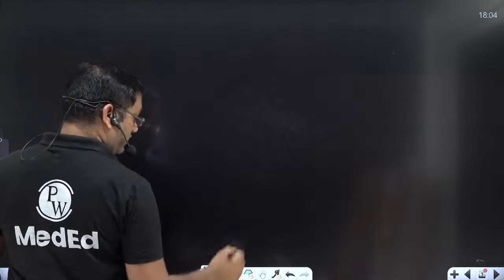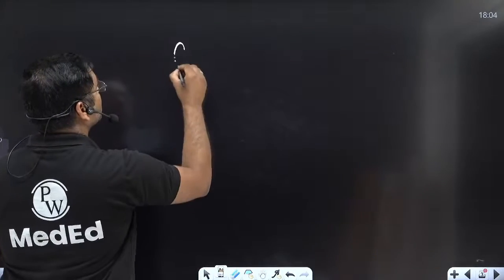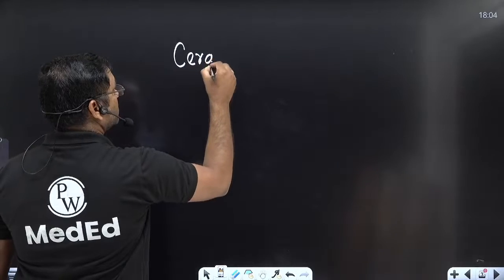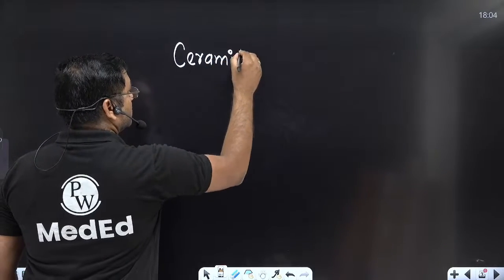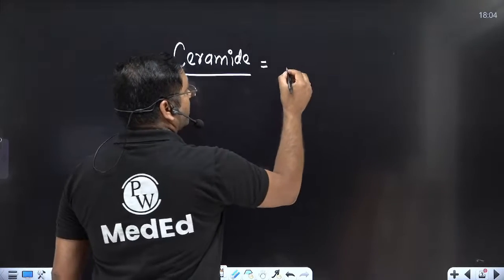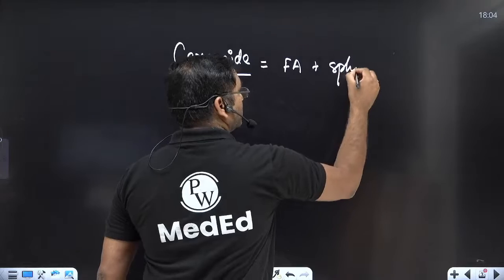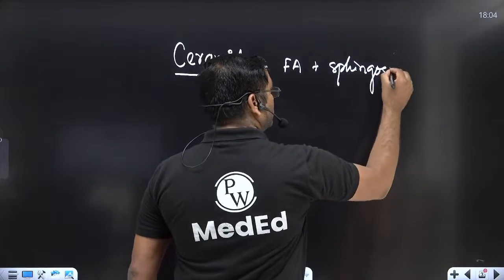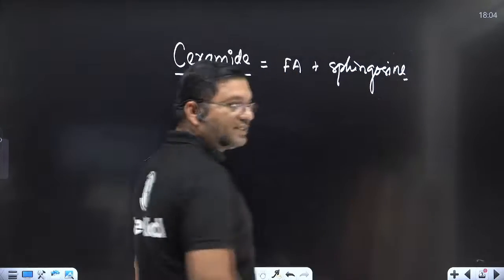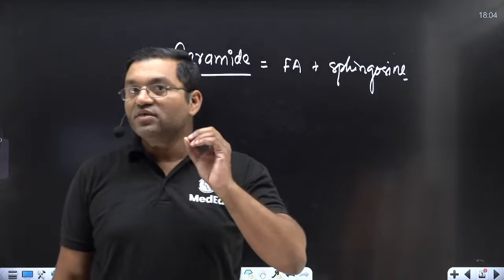Ceramide. What is ceramide? It is fatty acid plus sphingosine. Sphingosine is an amino alcohol. So ceramide is fatty acid plus sphingosine.